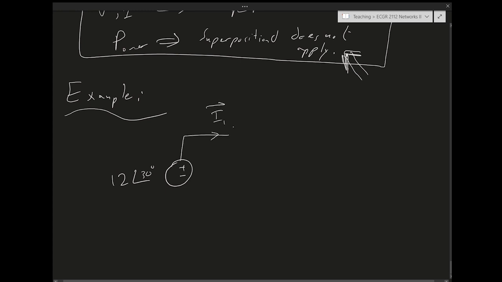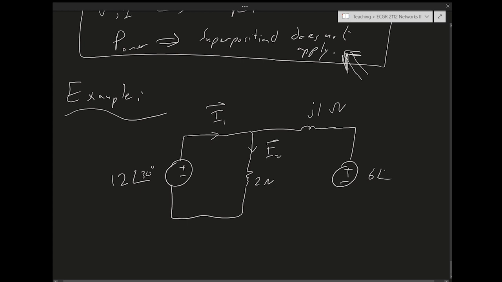So I have I1, and then I have I2 that goes into a 2 ohm resistor. And then I have an inductor, j1 ohms. Then I have another source, which is ∠60 degrees. And I want to find the power absorbed and supplied in this circuit, right?